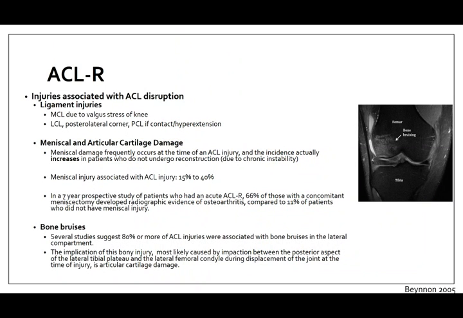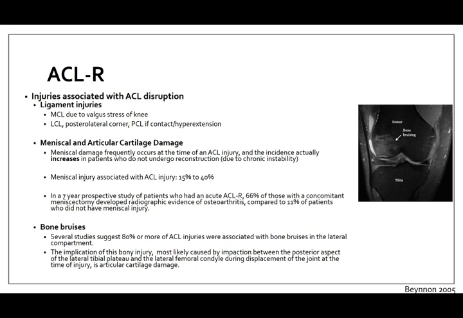So injuries that can be associated with ACL disruption, we can have ligament injuries, and obviously the MCL due to valgus stress placed on the knee. You can also have LCL or posterolateral corner or PCL injuries if it's a contact injury or if there's hyperextension involved.